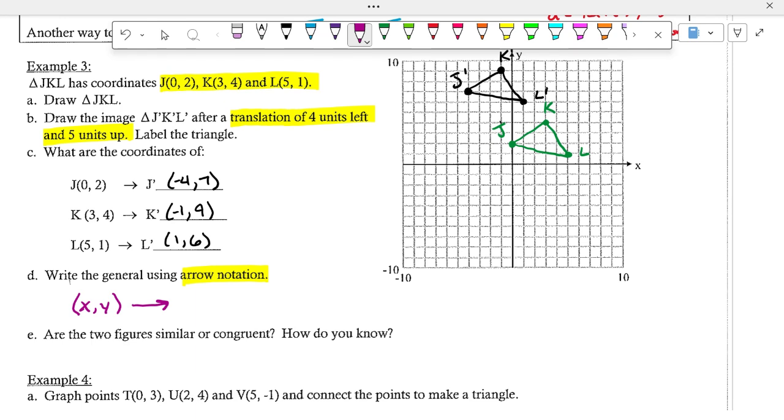So if I went left 4 units, how would I write that as an expression? First off, what variable does left affect, the x or the y? It affects the x, because we're going left, right, and the x-axis is horizontal. So if we go to the left 4 units and we're affecting the x, how would I write it? x minus 4.